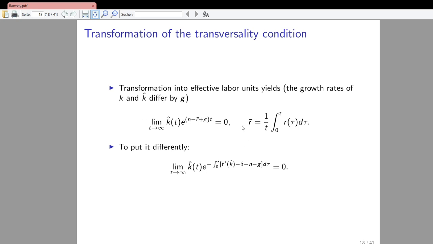And the interest rate is again the average interest rate over the remaining lifetime horizon. Now if we plug in for the interest rate the expression that we've derived before, f prime of k hat minus delta, we take the integral over time from this expression here and we have the minus sign outside, then we get this expression for the transversality condition.